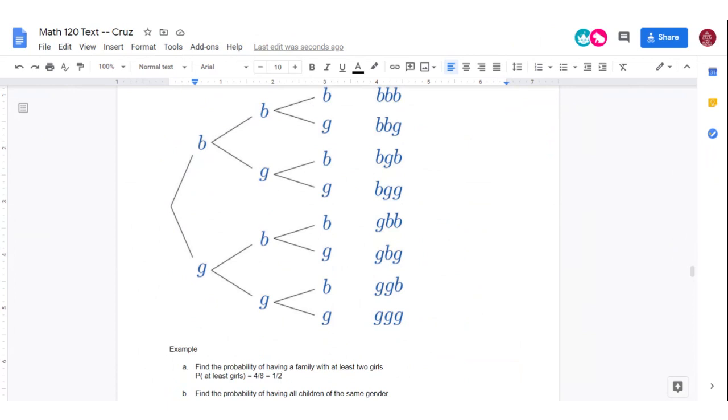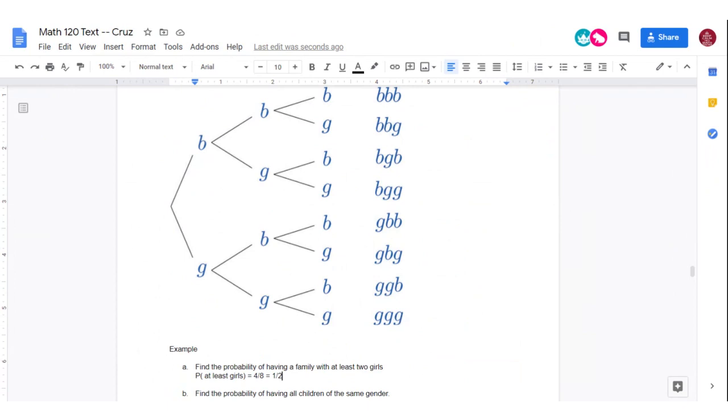All right. So how about B, where it says find the probability of having all children of the same gender? Boy, boy, boy. That's all the same gender, isn't it? This has got mixed boys and girls, boys and girls, boys and girls, girls and boys, girls and boys, girls and boys, and girl, girl, girl.